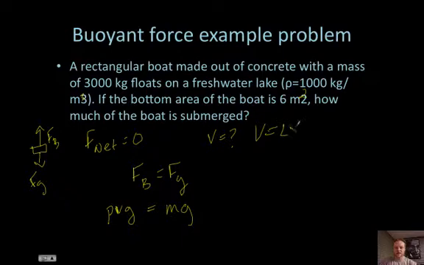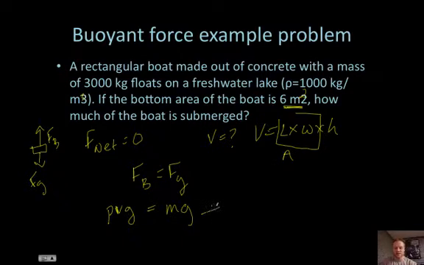Volume equals length times width times height, right? Well, they tell us that the area of the boat is this. And area is actually really just these two figures here. Length times width is your area. So I can actually, in my problem, replace V with A times H.